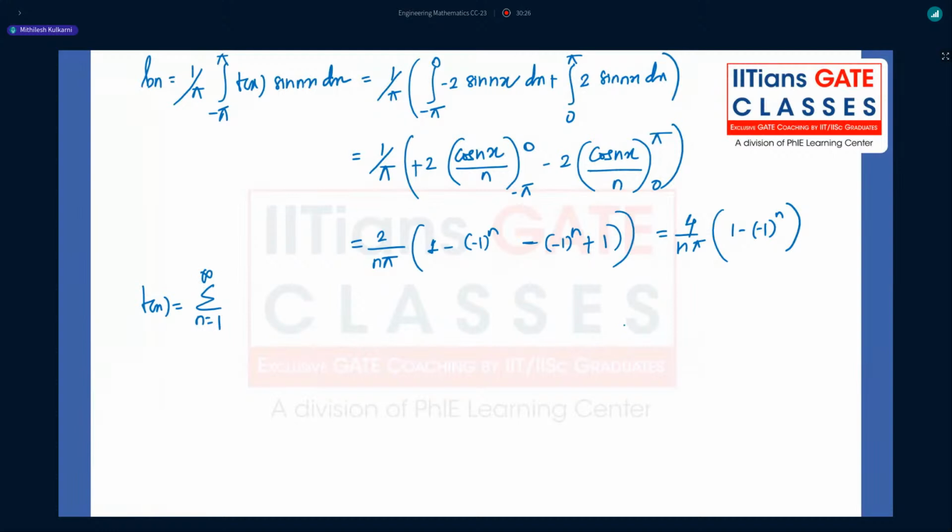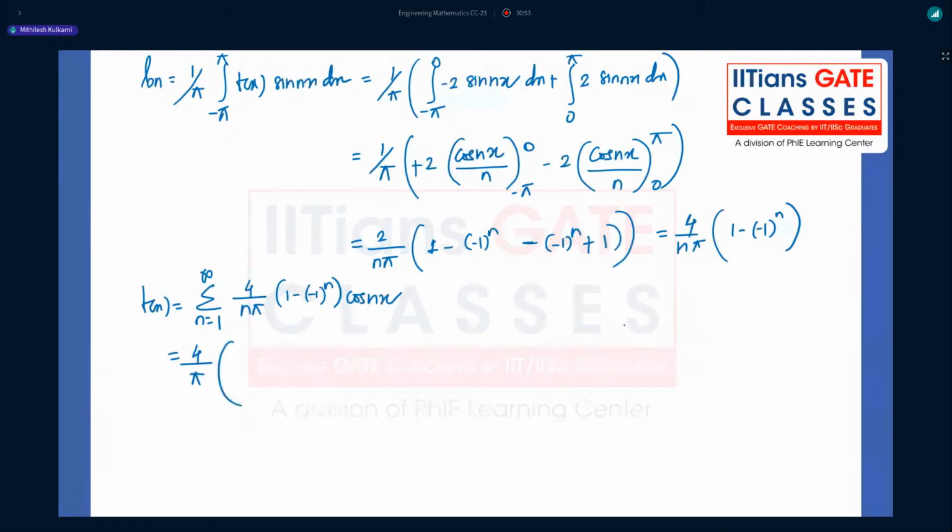So bn is 4 by n pi times 1 minus minus 1 raised to the power n, times sin of nx. Now let's complete the series starting with n equal to 1. So 4 by pi we can take out, and inside the bracket we can put 1 minus minus 1 raised to the power n, cos of nx divided by n.